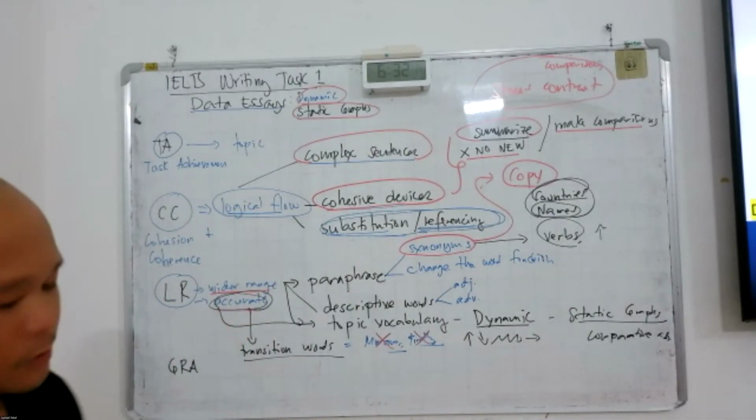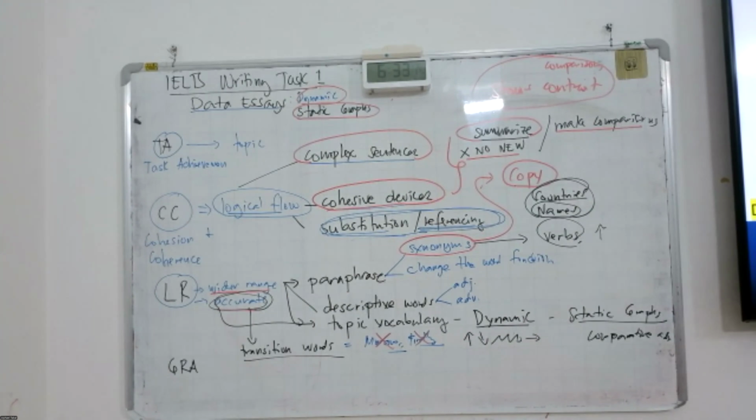So the best way there is to simply copy those words, not change them into synonyms, or change the function of the word. This is another key point that must be taught to our students too.